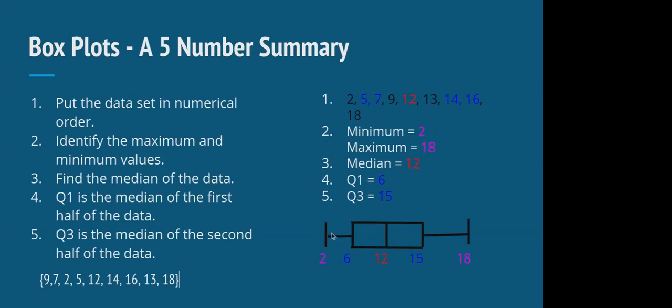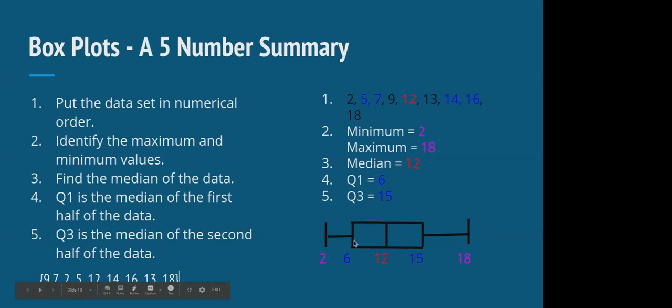So now, the minimum goes first. Then the middle of the lower end. Then the middle of the data. The middle of the upper end. And then the maximum value. So the box is made up of the 3 medians: the median of the front half, the median of the entire data set, and the median of the back half.